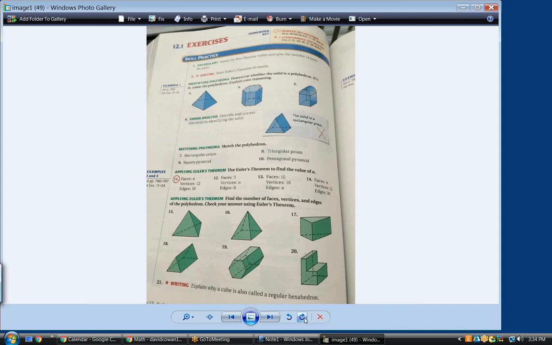All right, let's have a look. Okay, yeah, in fact, I think I have a page that looks exactly like this. Not totally, but close.